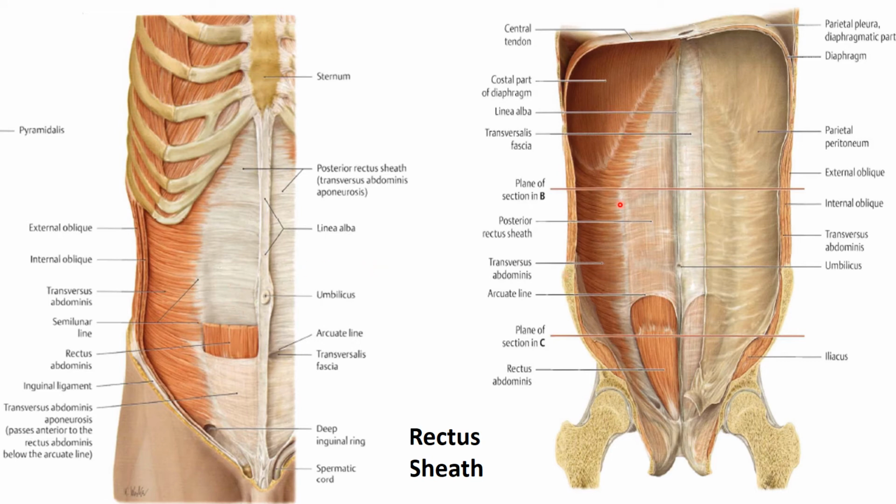Now posteriorly, this is the posterior view of the rectus sheath shown from the anterior of the abdominal wall. So this shows the posterior layer of the rectus sheath.